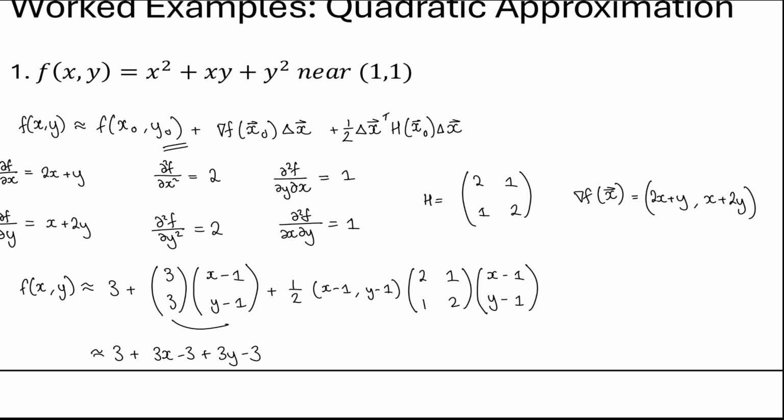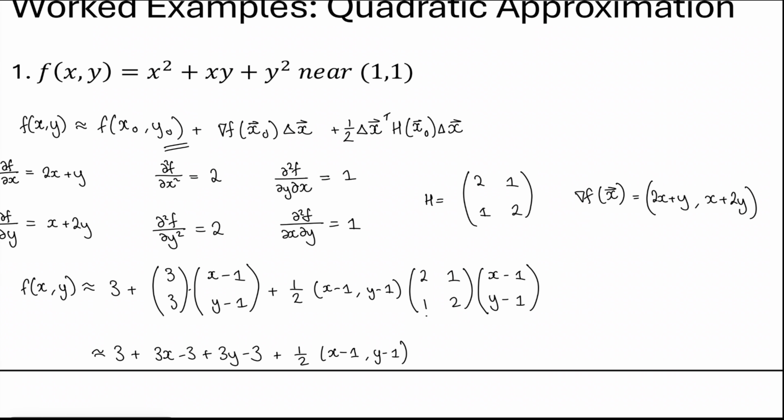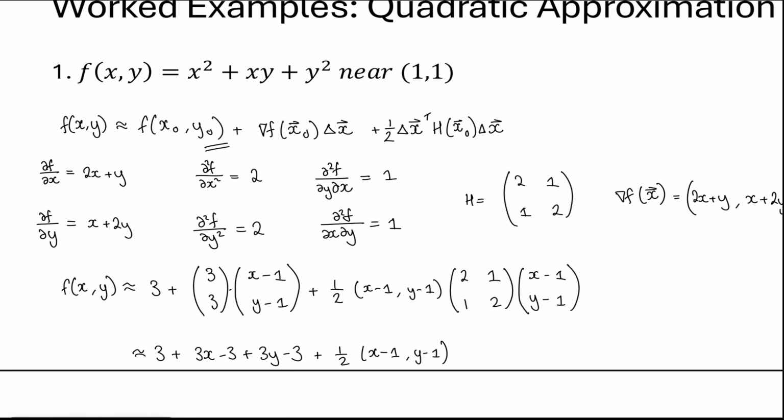So that's just me doing the dot product between these two vectors, plus a half (x minus 1, y minus 1). If we first multiply these two matrices, we get 2x minus 2 plus y minus 1, and then x minus 1 plus 2y minus 2.